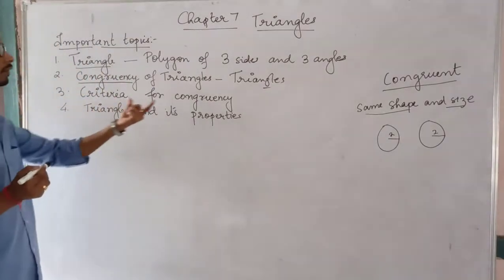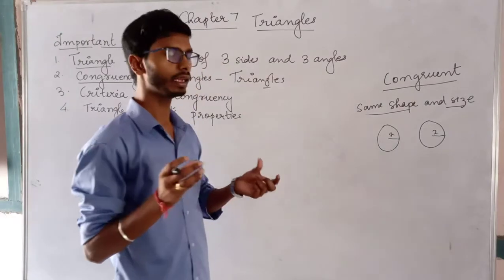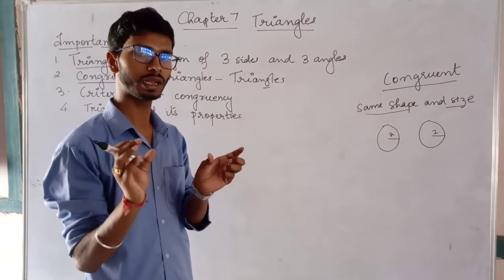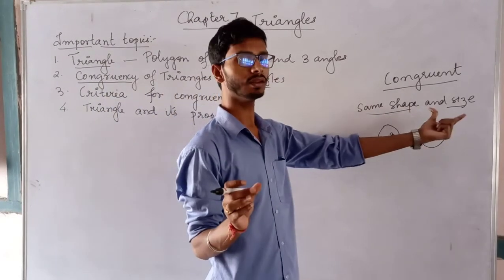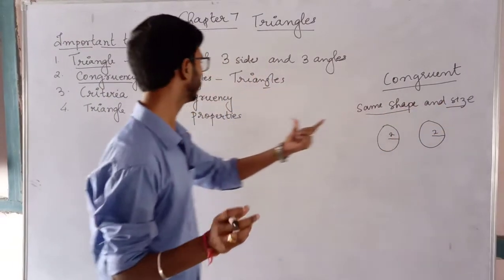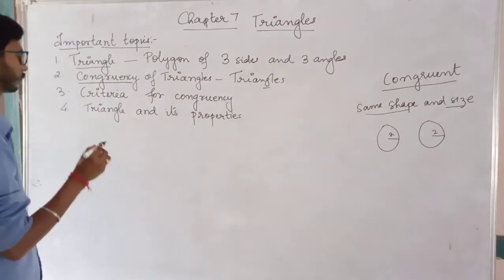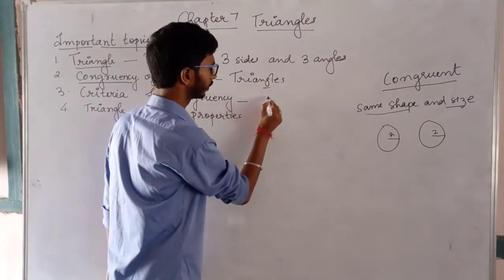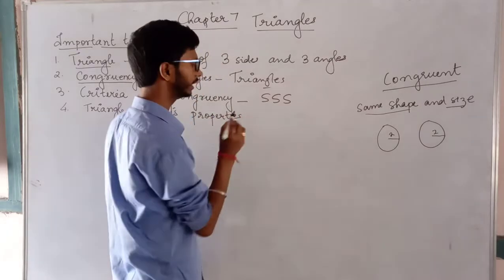Now, criteria for congruency. There are some rules by which we can say any two triangles are congruent or not. Means any two triangles have the same shape and size, we can only tell by the help of some rules, some criteria. So the criteria are: the first one is triple S, I will deal in detail, okay?